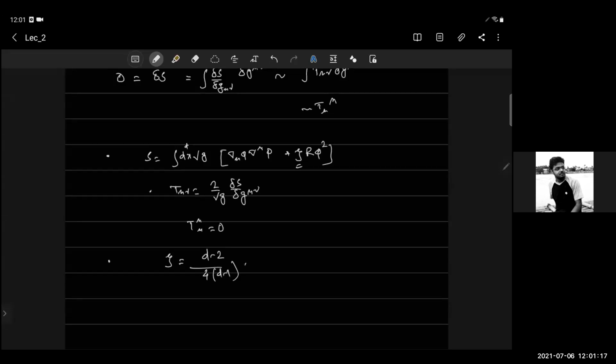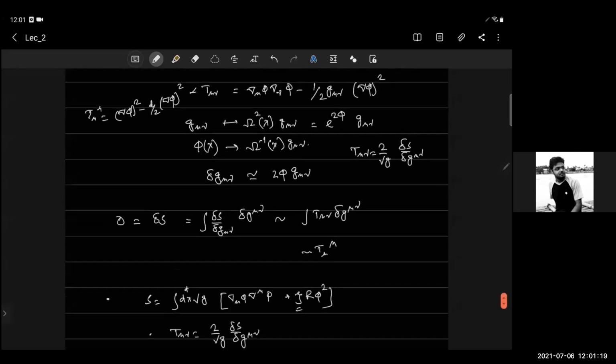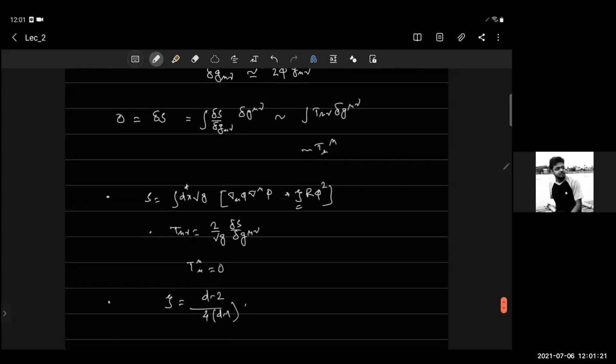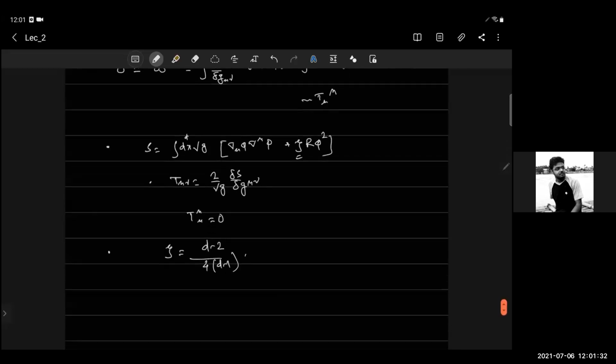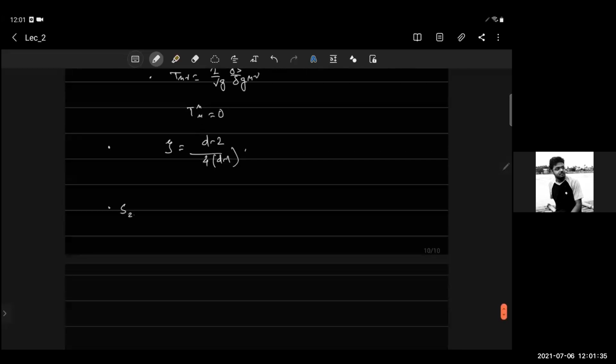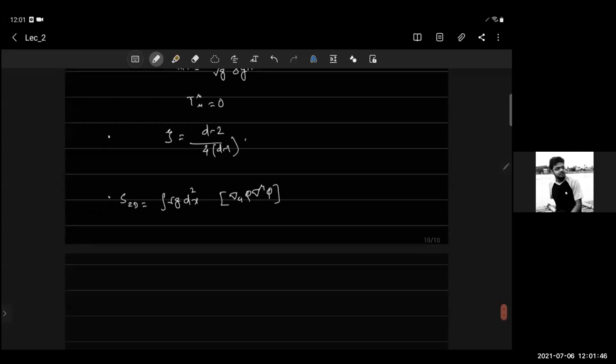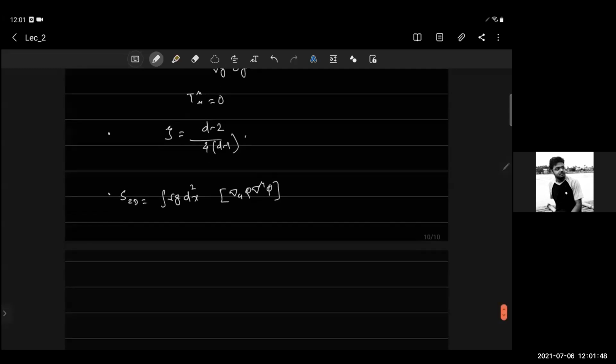See, in d equals 2, as I have said, the trace automatically vanishes, and therefore you don't need the zeta or the curvature coupling. So for 2D, you can start with the action d2x, del mu phi squared, and that is good enough. And it says that any 2D metric is conformally equivalent to a flat metric.